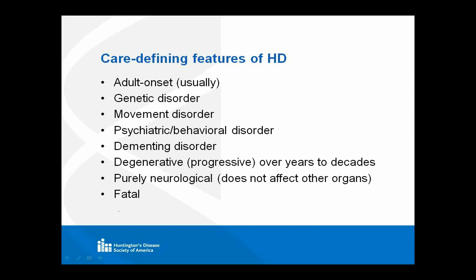It is a movement disorder, so many of the leading physicians who work on Huntington's disease in the United States are considered to be movement disorders experts. It clearly has some psychiatric and behavioral aspects, and so a psychiatrist might be involved in management.